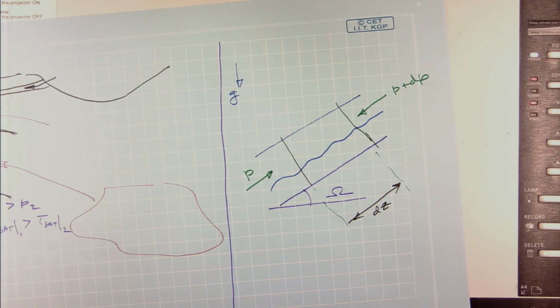But if I were to approximate it as a one dimensional model, then I would have a plug flow, everything being of uniform velocity. I am neglecting the velocity variation in the cross section. Whatever velocity I assume it to be constant in the whole cross section.